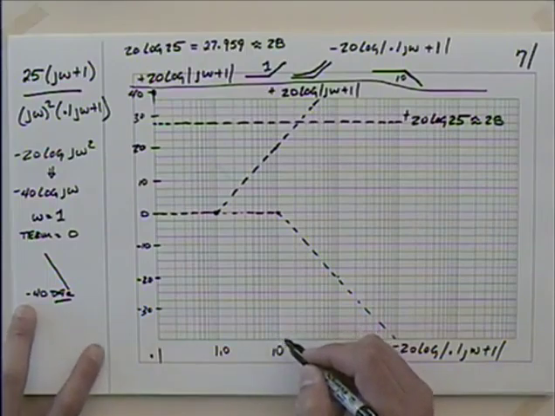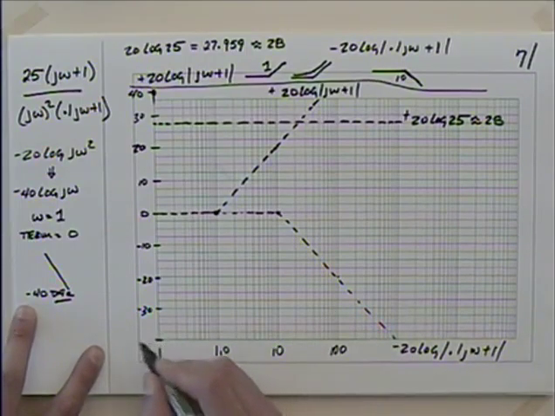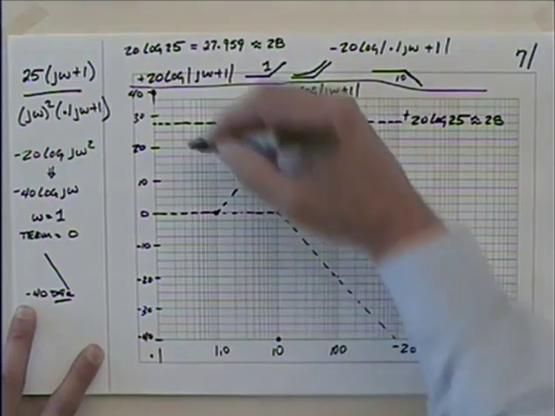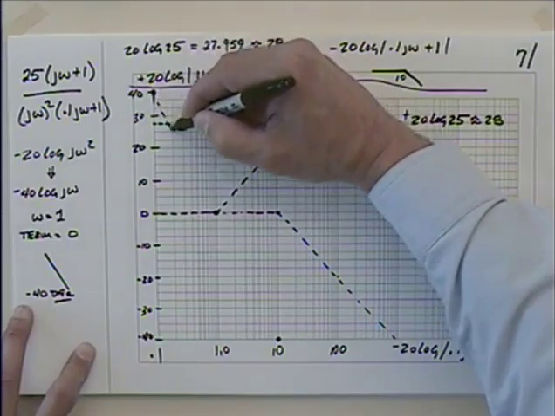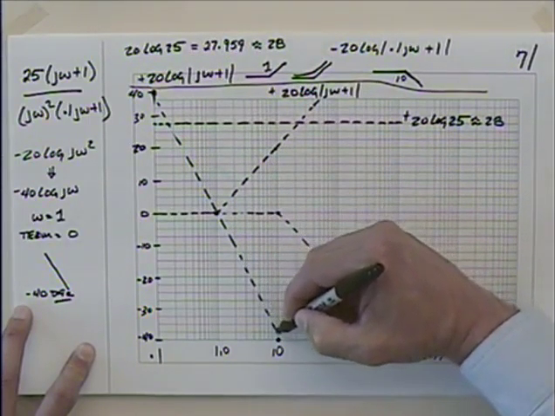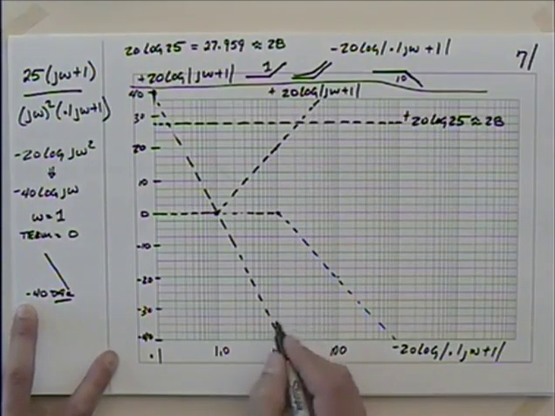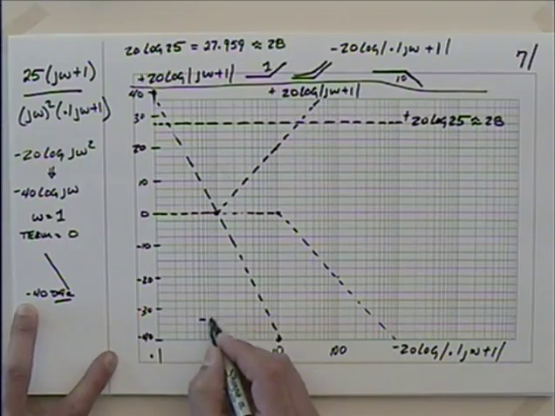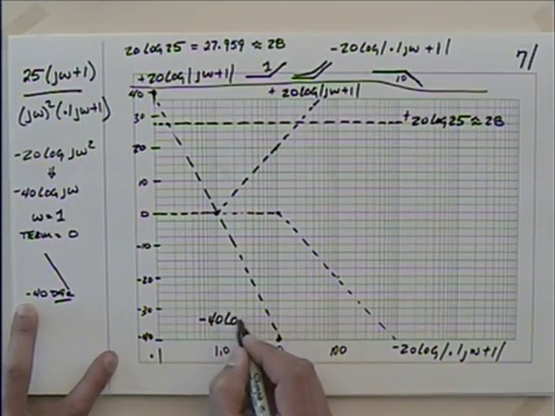And at 10 I'm going to be at what? Minus 40, right? Like that. So that is the term minus 40 log of j omega.